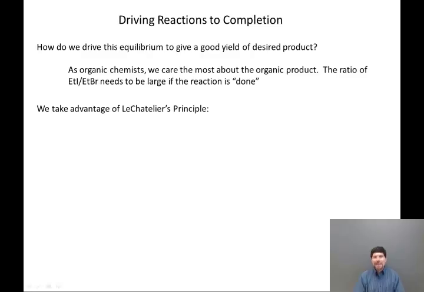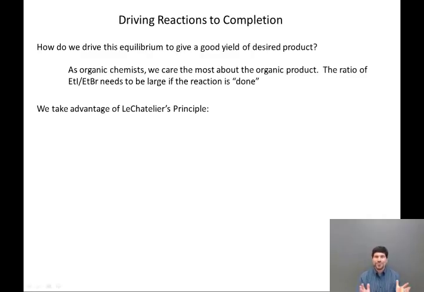To make that happen, looking back at the equilibrium expression, what we can do is take advantage of Le Chatelier's principle. The term I like to use for this is we Le Chatelier the reaction to completion. What does that mean? Le Chatelier's principle says that when a stress or strain is placed on an equilibrium, the equilibrium will shift to mitigate the effect of that strain.